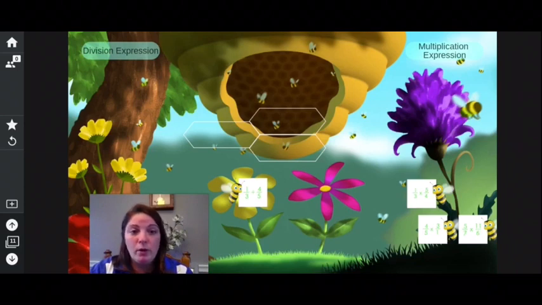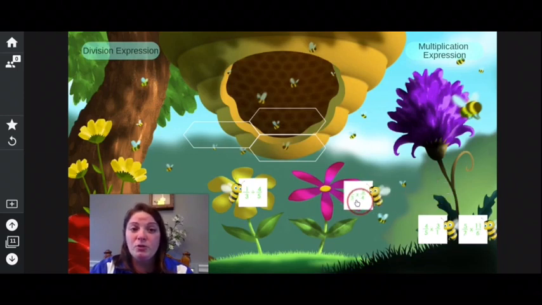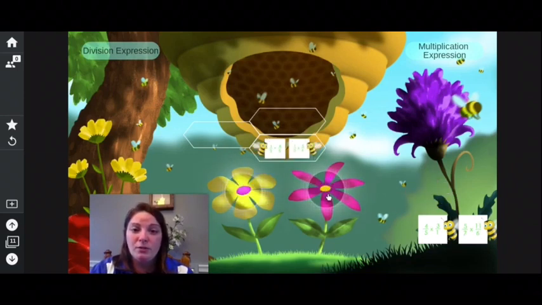So this one says 1/3 times 5/4, 4/5 times 3/1, or 5/7 times 11/6. Which one shows keep, change, flip? Yeah, 1/3 is the keep. We change to multiplication, and then we flip 4/5 so that it is 5/4.